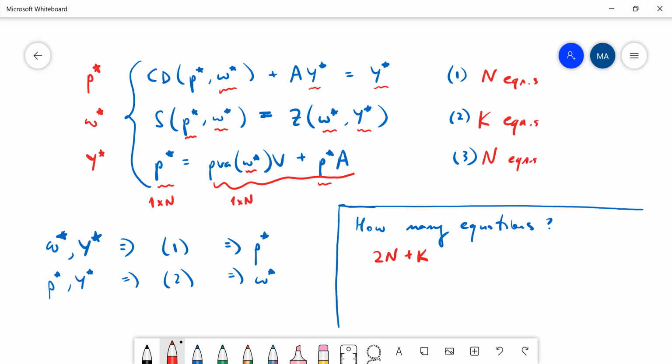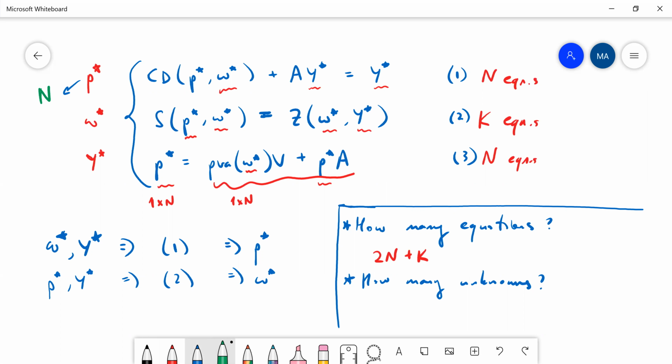Okay, and then of course you ask, how many unknowns do we have? Again, we have P1 star, P2 star, dot, dot, dot, Pn star, so we have n different price levels.